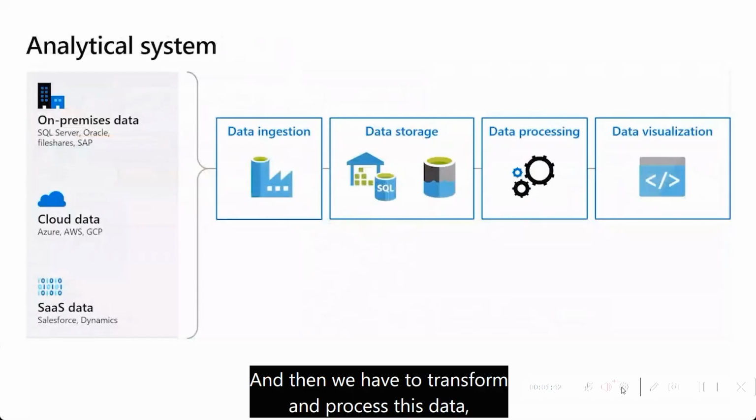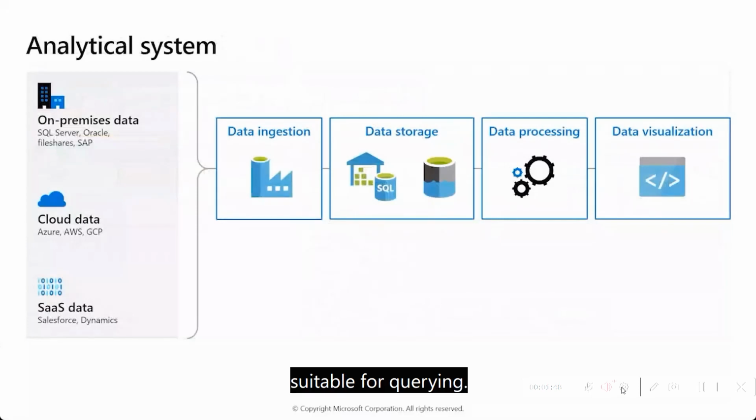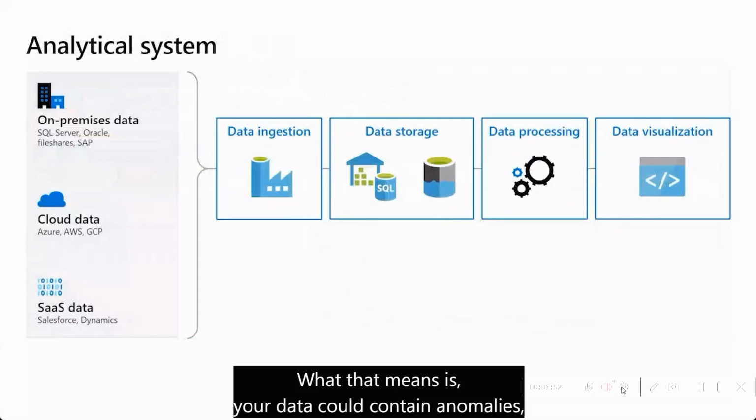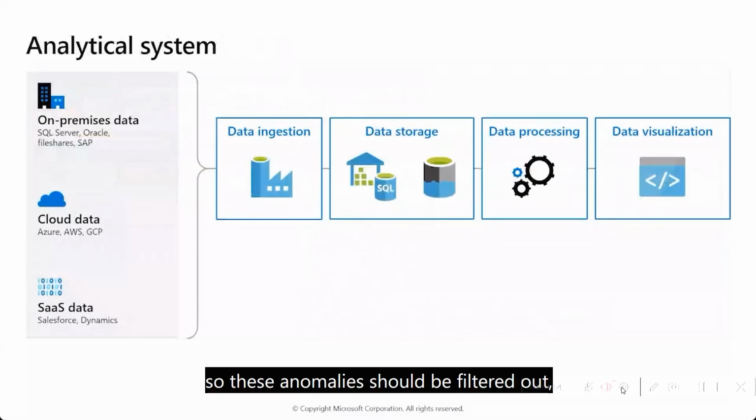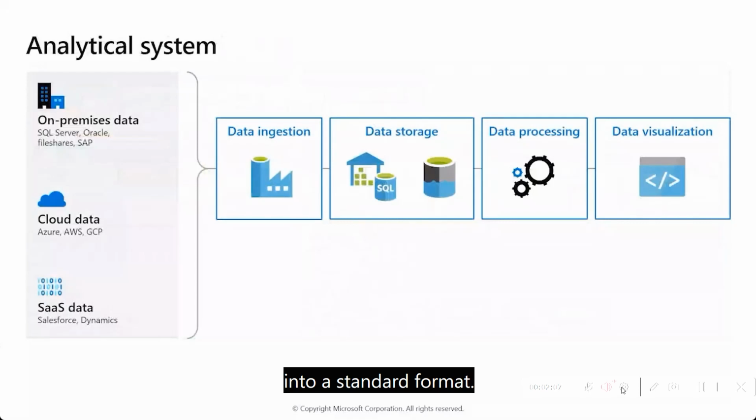Then we have to transform and process this data because the raw data might not be in a format that is suitable for querying. What that means is your data could contain anomalies, and these anomalies should be filtered out. It might also require some transformation in some way, shape, or form. For example, dates or addresses might need to be converted into a standard format.